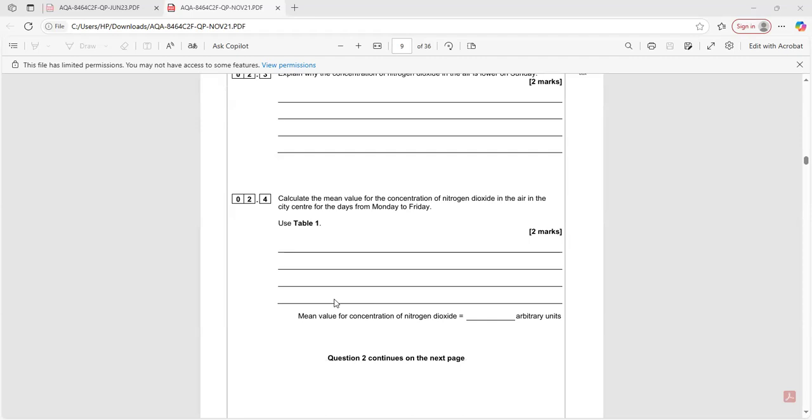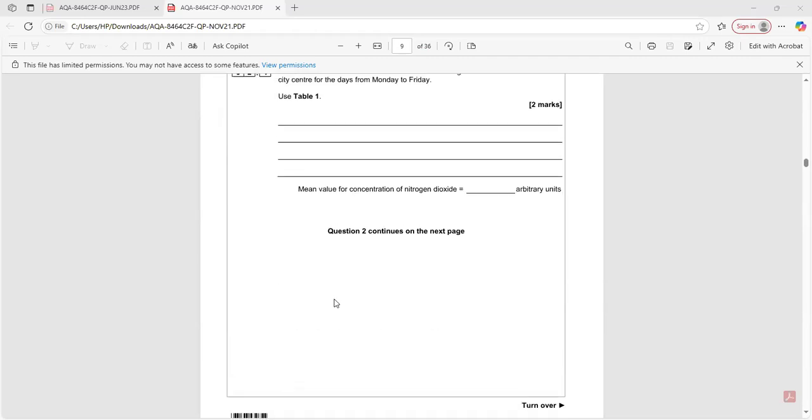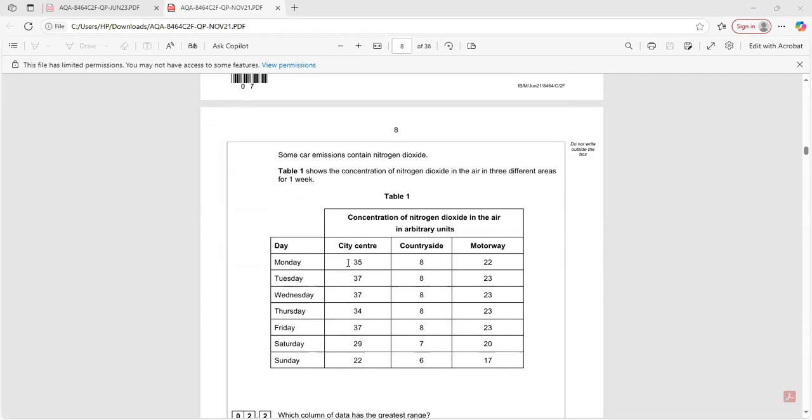Okay. So the next one says calculate the mean value for the concentration of nitrogen dioxide in the air in the city centers from Monday to Friday. Okay, so that one is easy. All you need to do is to add up all the numbers in city center. 35 plus 37 plus 37 plus 34 plus 37 plus 29 plus 22.